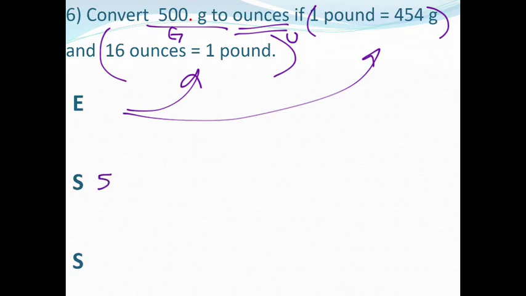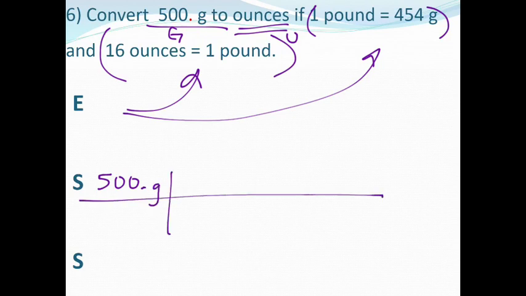Now, if we put that 500 grams on our dimensional analysis line, looking at our conversion factors, the only one that has grams in it is this first one, grams getting turned into pounds. I don't want pounds, but it's the only thing I can do to get where I need to go. So I'm going to use this equation, making sure to put the grams on the bottom in order to follow that diagonal rule. Means that now 1 pound can go on top.